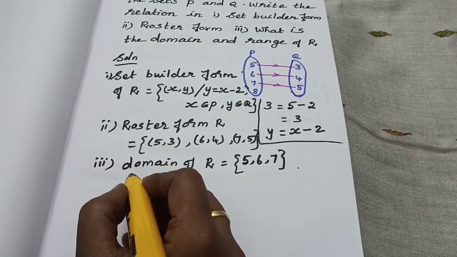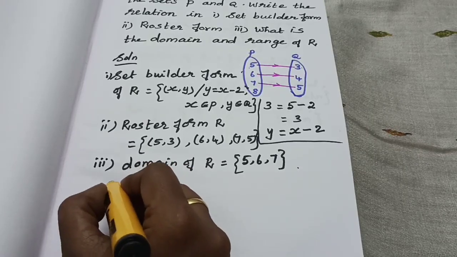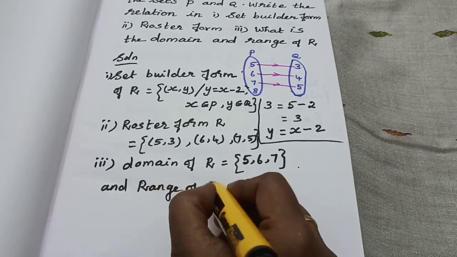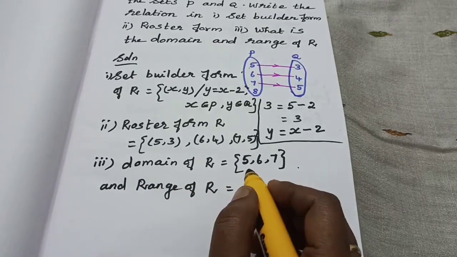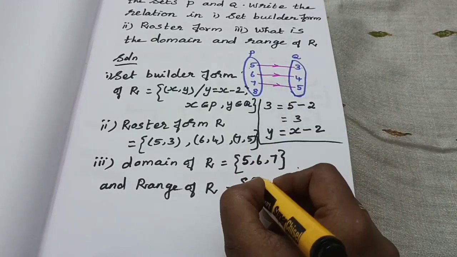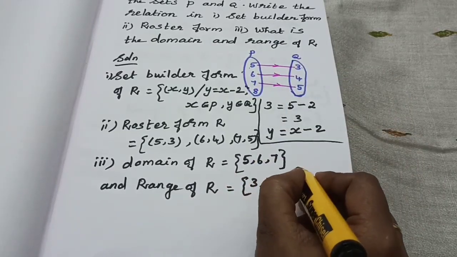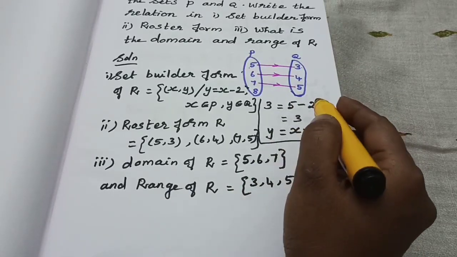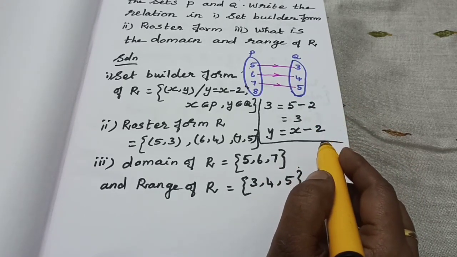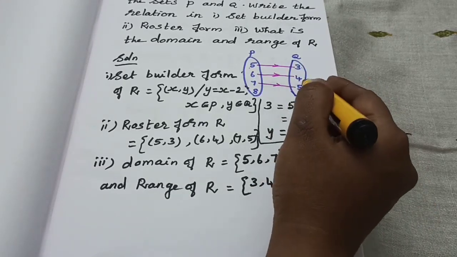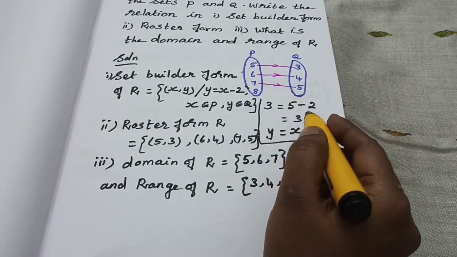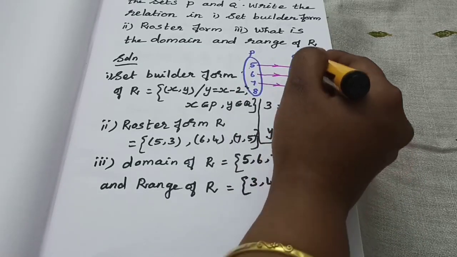Then the range of R. What's the range? The range of R is equal to the set of 3, 4 and 5. Okay. Then what's the definition? The range of the relation is y belongs to B such that x is related to y for some x belongs to A. Okay.